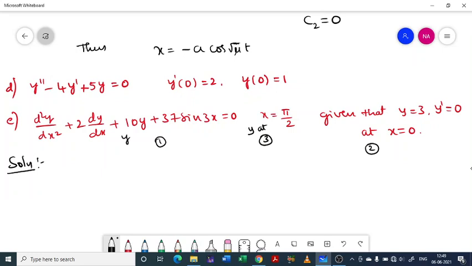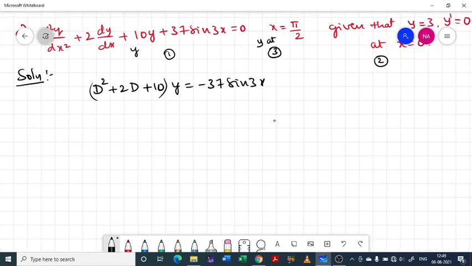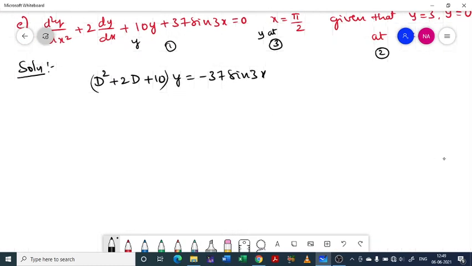So you can write this as d square plus 2d plus 10 into y equal to minus 37 sin 3x. This is a type 2 non-homogeneous equation.